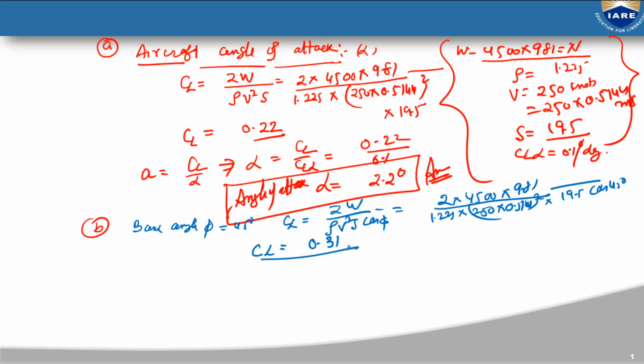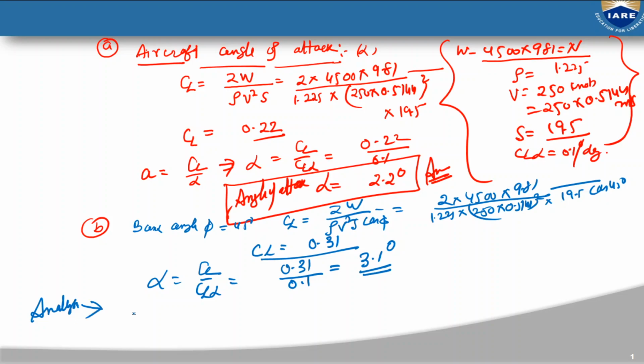So from here we can get alpha is equal to CL by CL alpha. So 0.31 divided by 0.1, you will get 3.1 degrees. So in this case, we got the angle of attack. If you are turning the flight, what is the analysis?